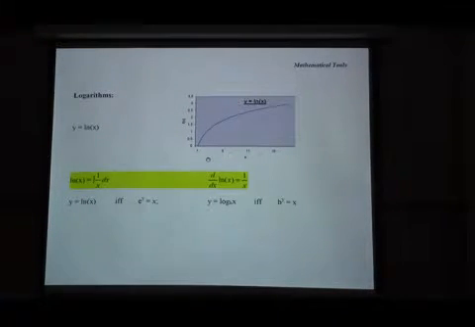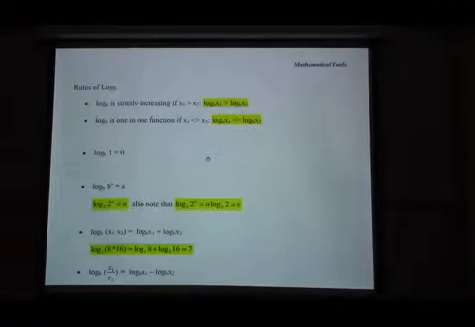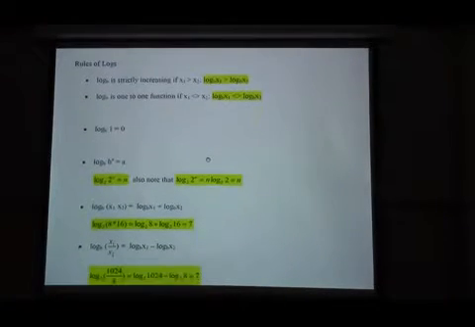What's the value of e? About 2.7? 2.71828, 2.7 is good enough. So if y is equal to log b of x, that asks the question, b to what power is equal to x? It's equal to y if b to the y is equal to x. All right, we'll come back to that.